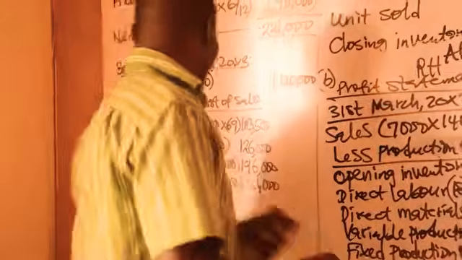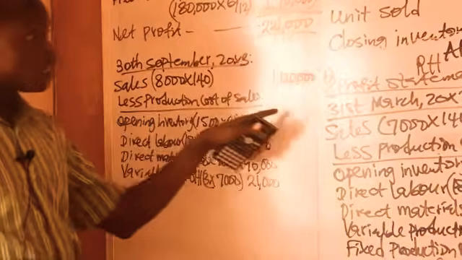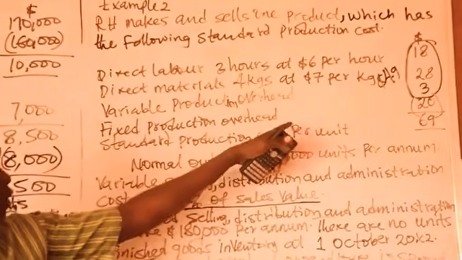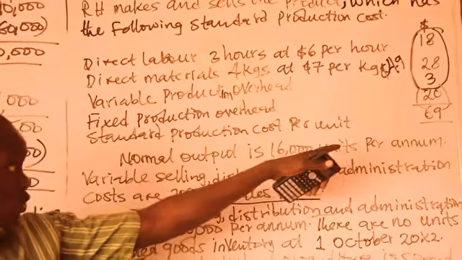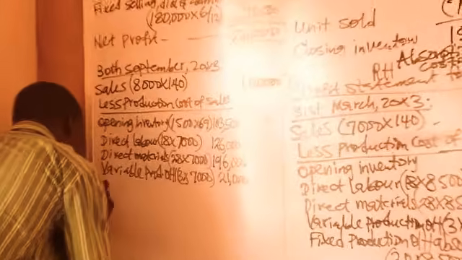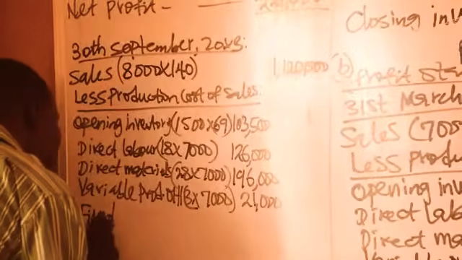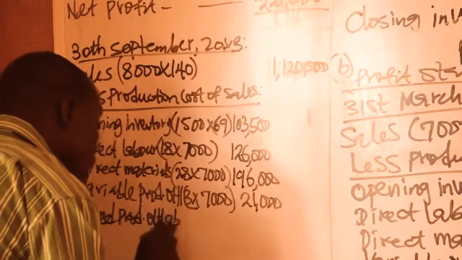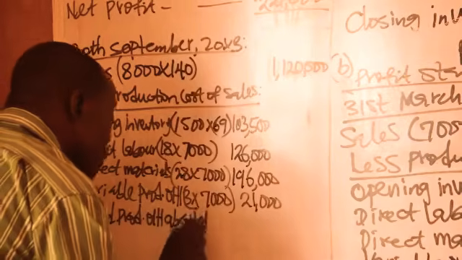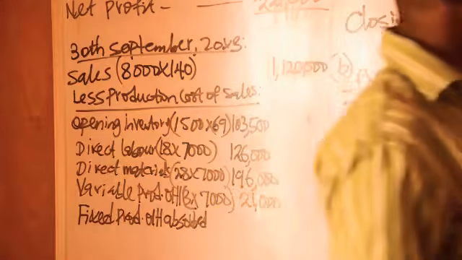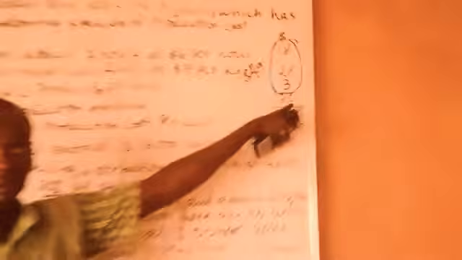Then I've told you that it is the production cost of sales unit. That means the fixed production overheads will be considered too. You are going to absorb it here. Fixed production overheads absorbed: our absorption rate is $20.